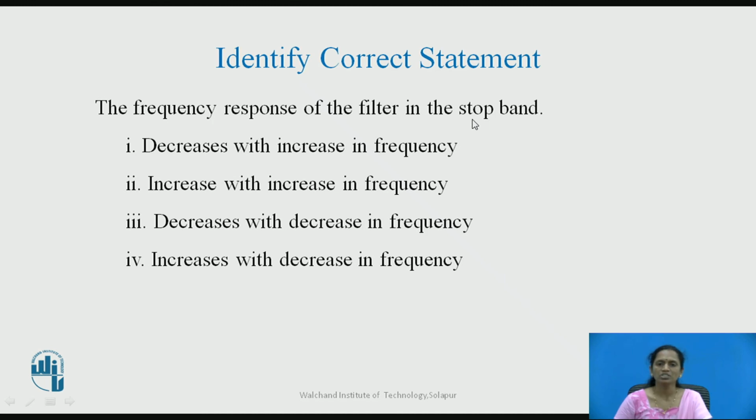So what happens in the stop band? When you are in the stop band, attenuation is provided to the signal.